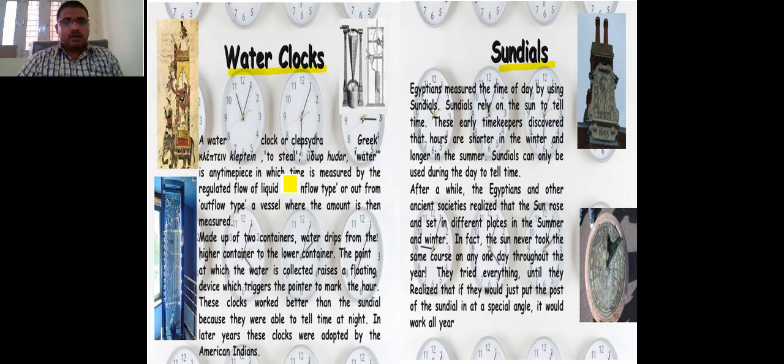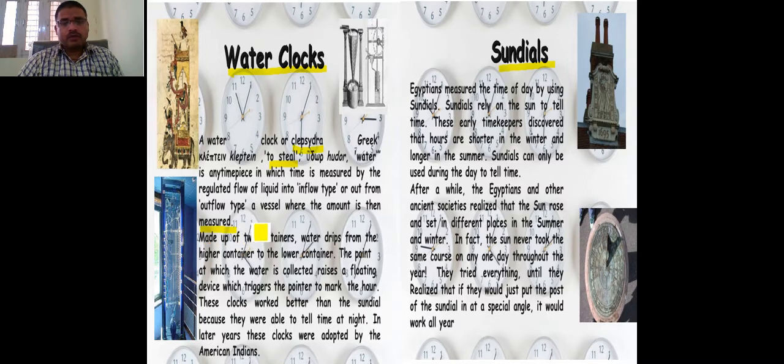Here you can go through the water clock, also called the clepsydra, a Greek word meaning to steal water. These are timepieces in which time is measured by the regulated flow of liquid into, or out from, a vessel where the amount is then measured.